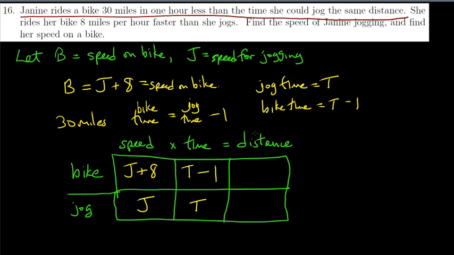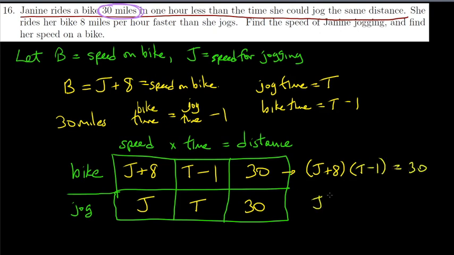Okay, what about the distance? There's only one number for distance here, right? That's the 30 miles. So it's the same distance for both, right? So the distance is 30. And now let's just write down the equations, right? We have (j plus 8) times (t minus 1) is equal to 30.